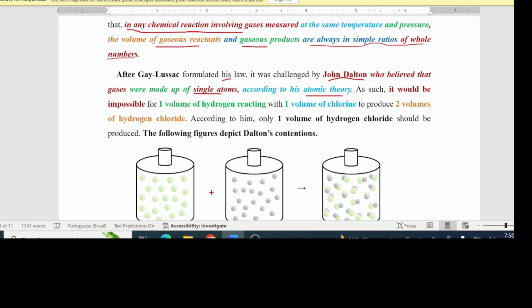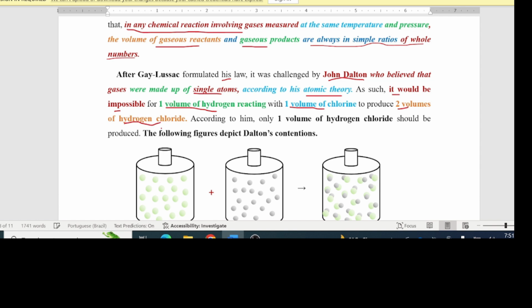John Dalton did not realize that gases such as hydrogen, chlorine, and oxygen exist as diatomic molecules. As such, he said it would be impossible for 1 volume of hydrogen reacting with 1 volume of chlorine to produce 2 volumes of hydrogen chloride.